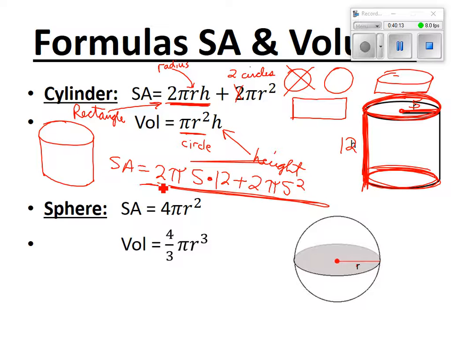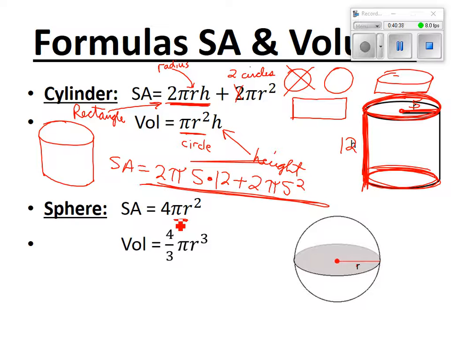For a sphere, find the sphere on here. Sphere's right here for surface area. And then for volume, it's the very last one on the last page. Anybody ever seen this formula before? Pi r squared, or? That's the area of a circle.